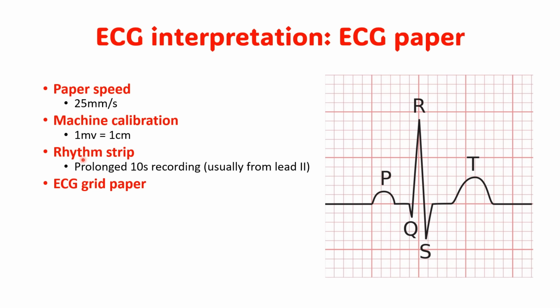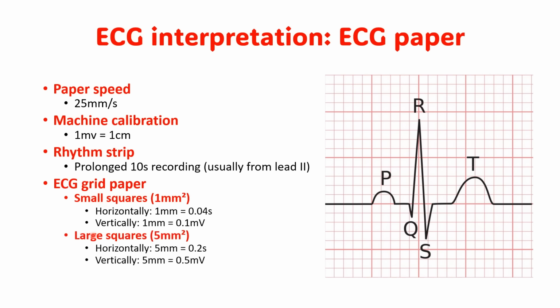And then in terms of the ECG grid paper, we have small squares and we also have large squares. The small squares you can see here, I can just about fit my laser pointer in one of them. They're horizontally 1 millimeter, which represents 0.04 seconds, and then vertically they're 1 millimeter too, which represents 0.1 millivolts.